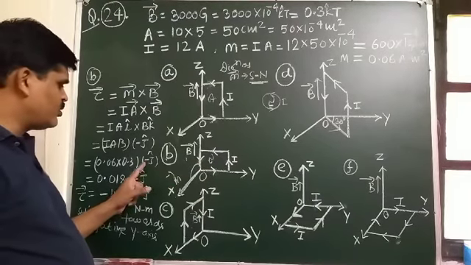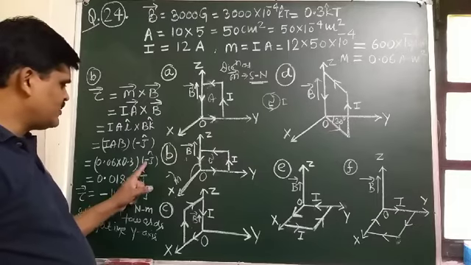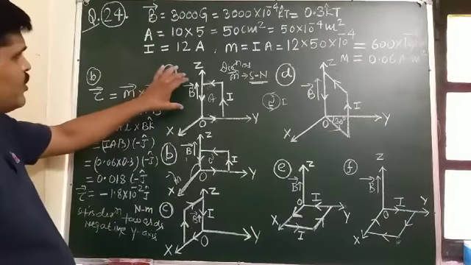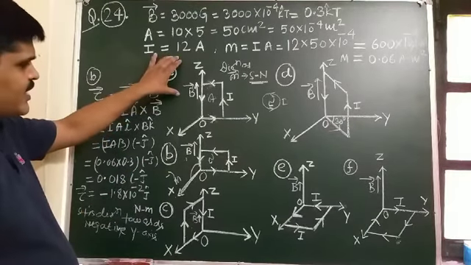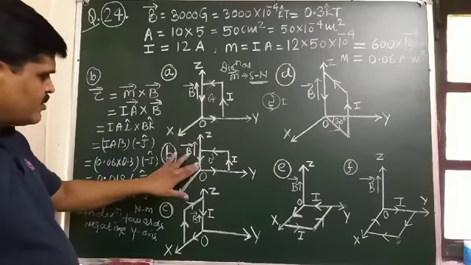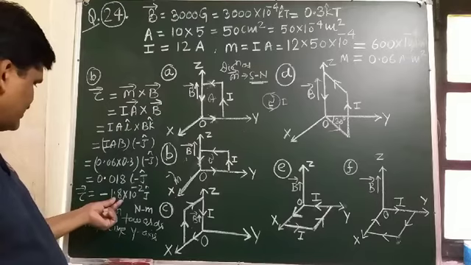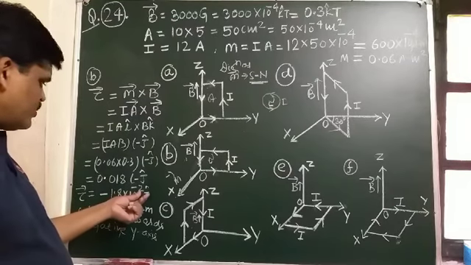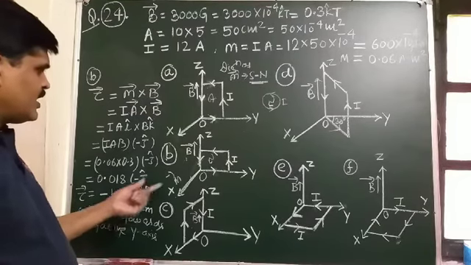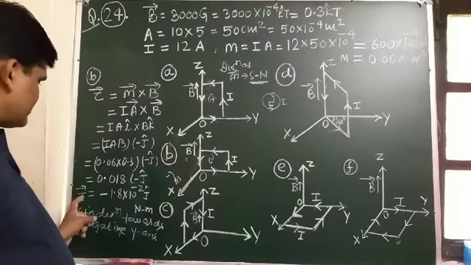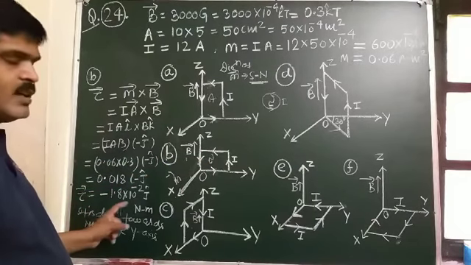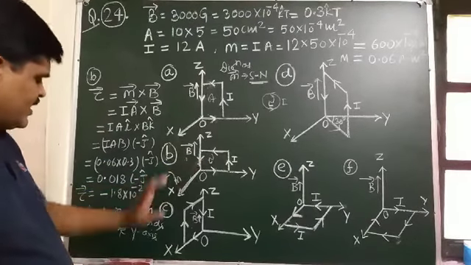So the answer comes out to be minus unit vector j. So in both case A and case B, the torque has magnitude 0.18 into 10 to the power minus 2 Newton meter, and in both cases the direction of torque is towards the negative y-axis.